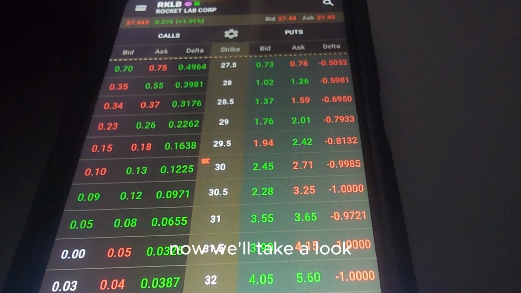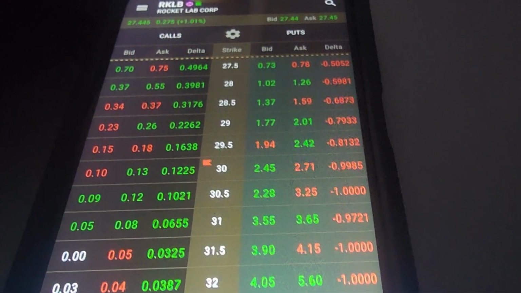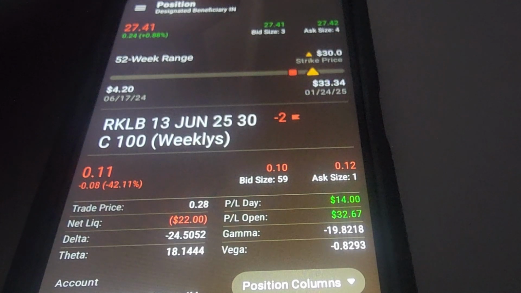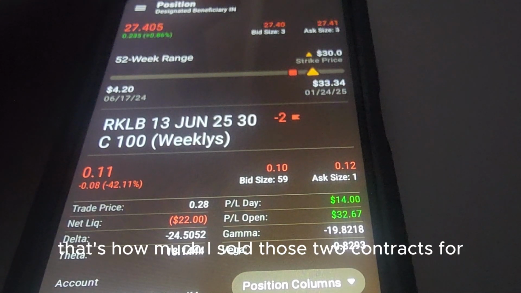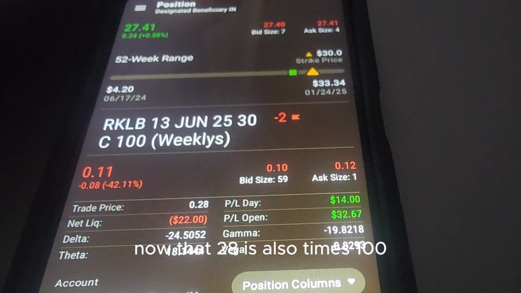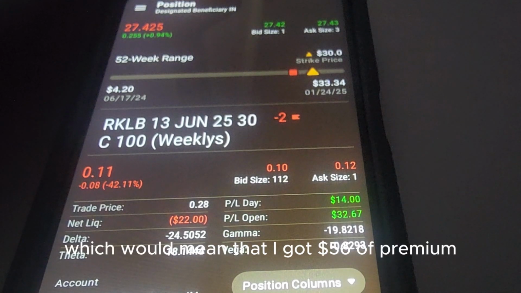Now we'll take a look at where I actually sold these contracts. Now right there where you see trade price, that's how much I sold those 2 contracts for, $28 per contract. Now that 28 is also times 100, so that's 28 twice, which would mean that I got $56 of premium.